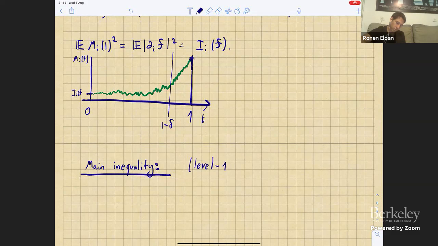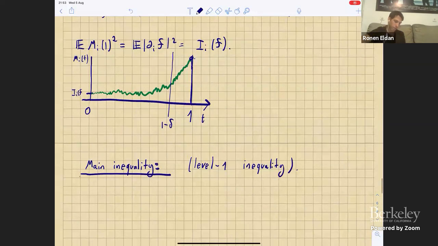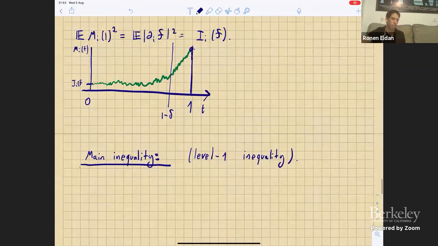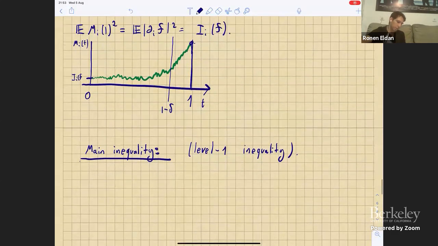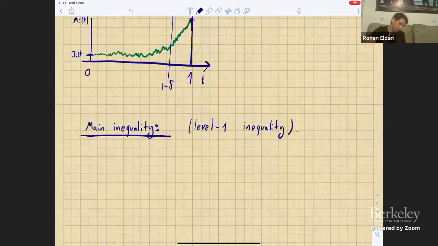It's called just the level 1 inequality. But it's going to translate into some very nice property about this martingale. So there's an inequality saying that the gradient of f, so maybe let me say it like this.